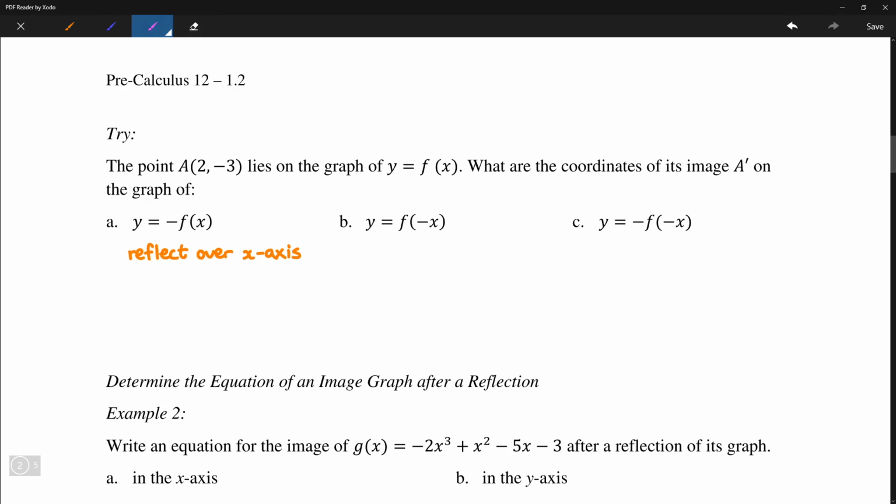As such, the new coordinates would be A prime. 2 remains unchanged, the x coordinate, but we take the negative value for -3, which makes it +3. Likewise, in the second example, B, this reflects over the y-axis, of course.